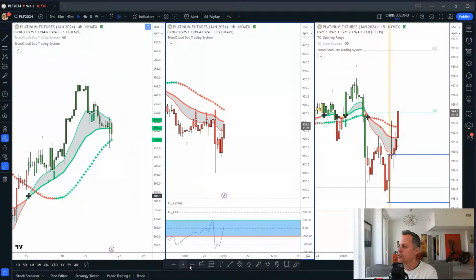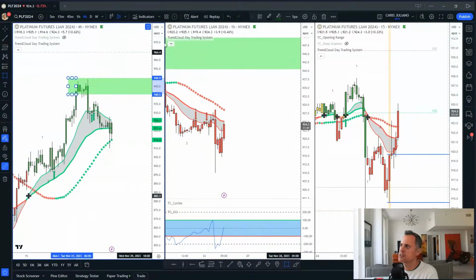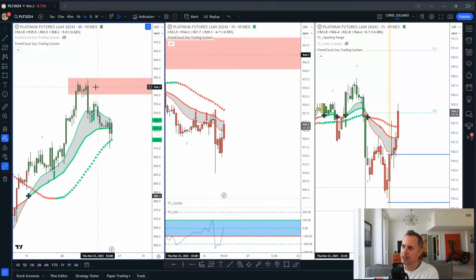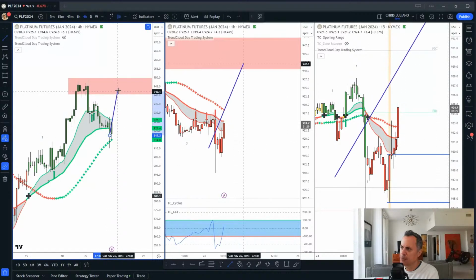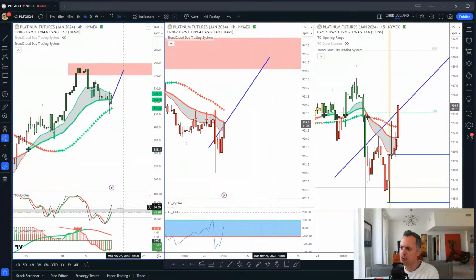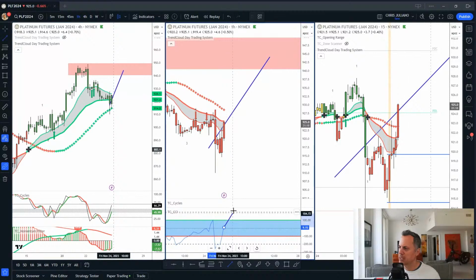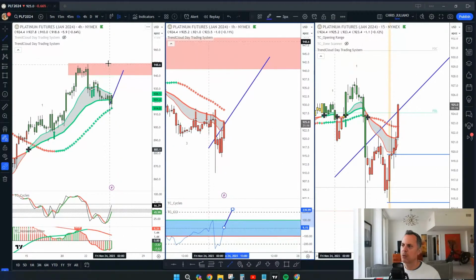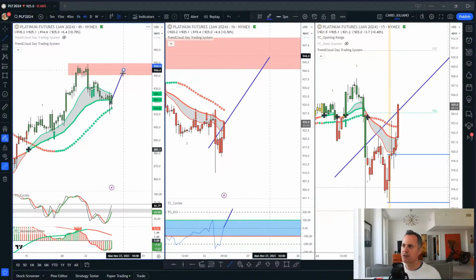Because when you're pulling up, like when we're pulling up into this supply zone, right? Let's say we're pulling up into this supply zone, and there are enough sellers in here to push this thing down. When we get up into here, you can be 100% sure that the cycle will be up, momentum will be up on the high time frame, momentum will probably be up here, but we could pull into this and it could do this.